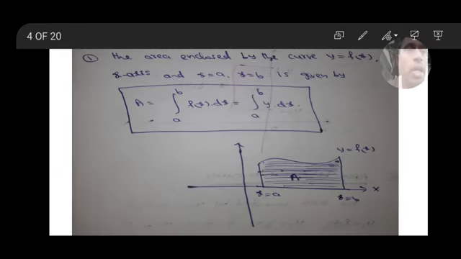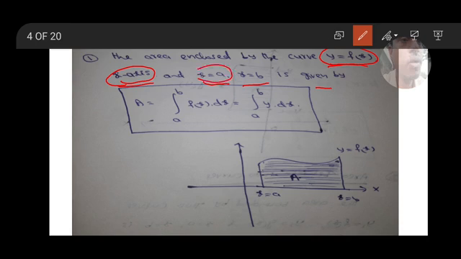First formula, the area enclosed by the curve y equal to f of x, x axis, and x equal to a, x equal to b is given by A equal to integration a to b f of x dx.